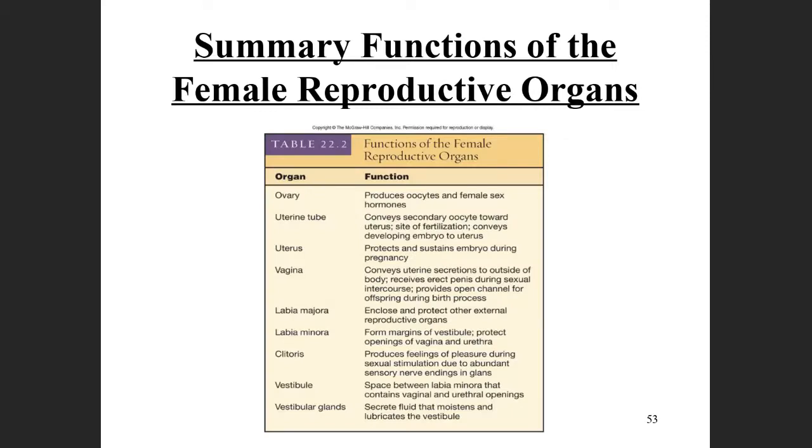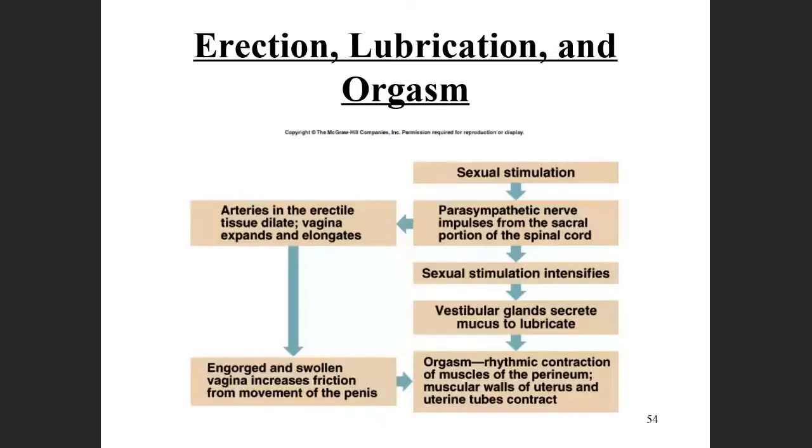All right, so this is sort of a summary, very similar to how I told you that the parasympathetic nervous system stimulates the male erection, and the sympathetic is involved in ejaculation. Similarly in the female, when you stimulate the parasympathetic at the clitoris, it's going to get intensified. And then some of the vestibular glands start to secrete mucus.